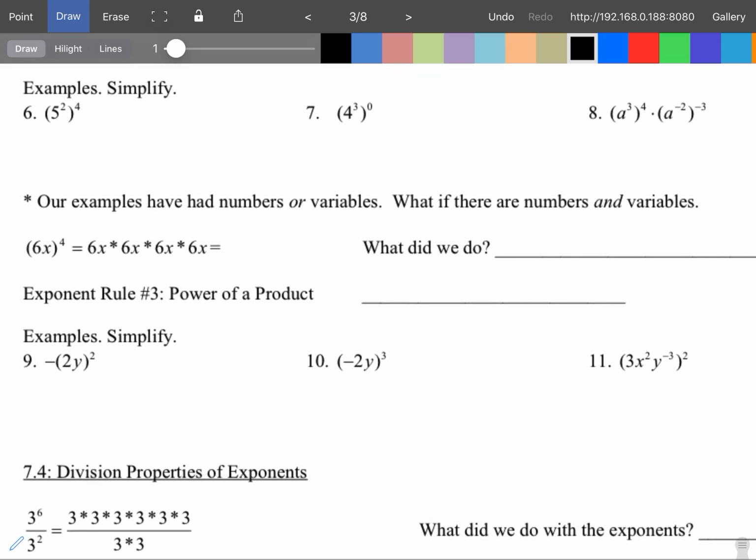Like that. So that would look like, we'd have 3 to the first power squared. And then we'd have x squared squared. And then we'd have y to the negative 3 squared.